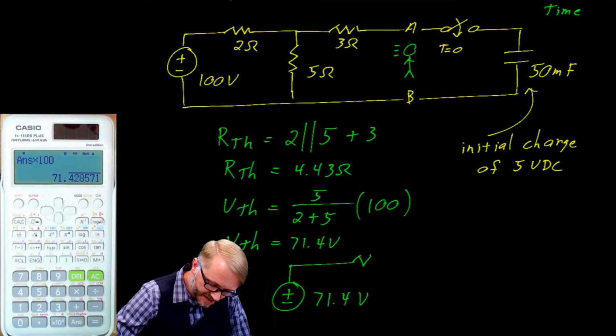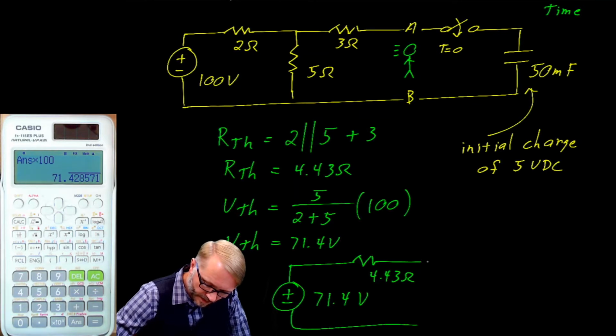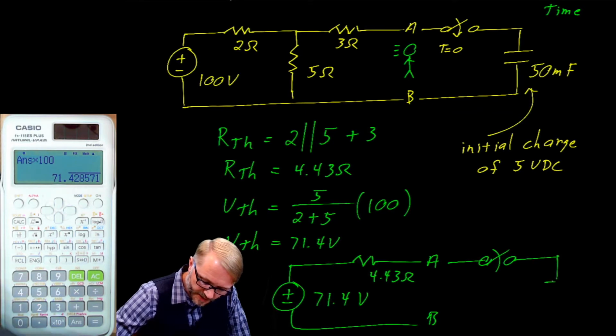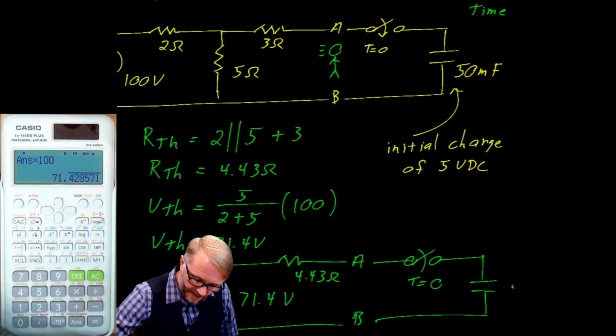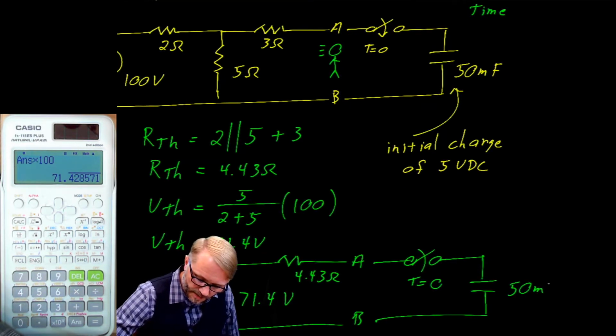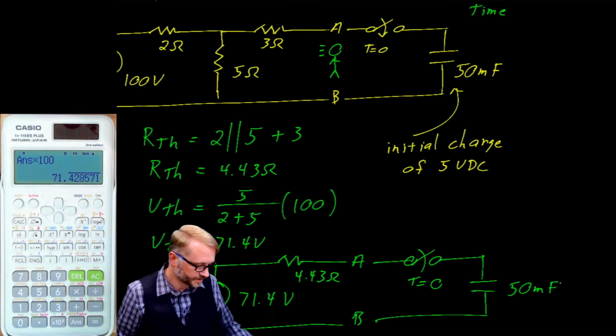If we redraw the circuit, we have that 71.4 volt source. We have a resistance of 4.43 ohms, terminals A and B, and now we can add the capacitor and the switch. We'll let that switch close at time equals 0, and this capacitor is 50 millifarads.